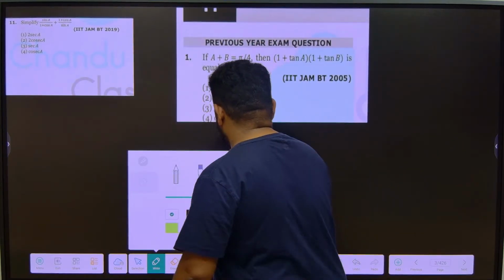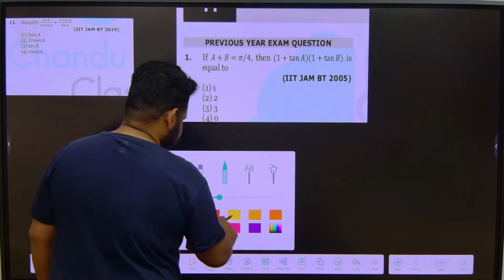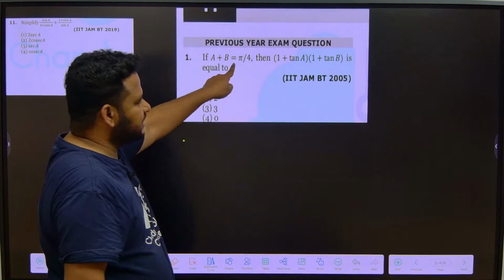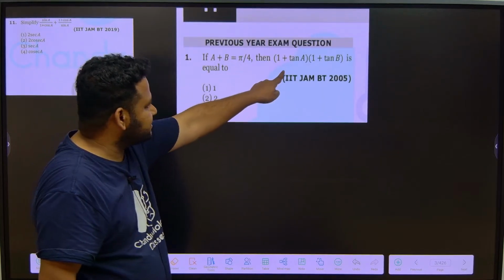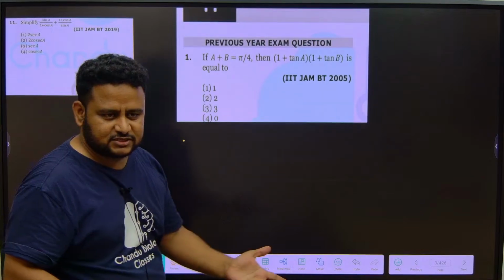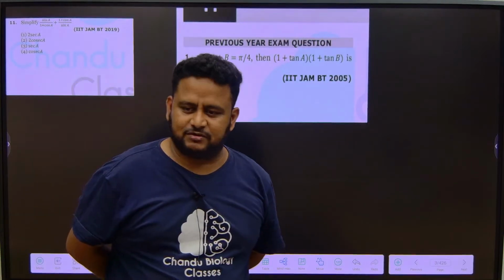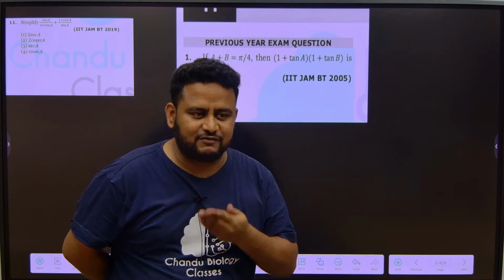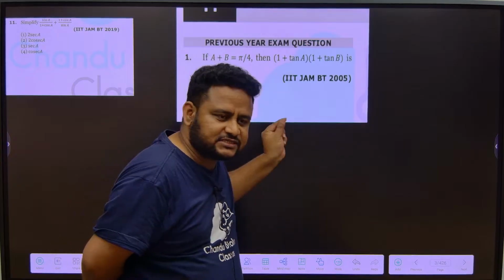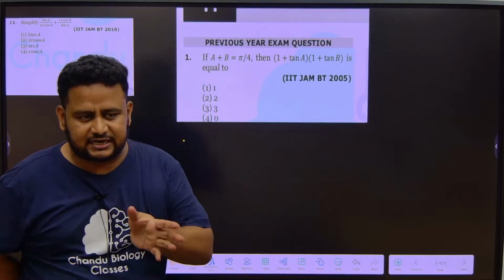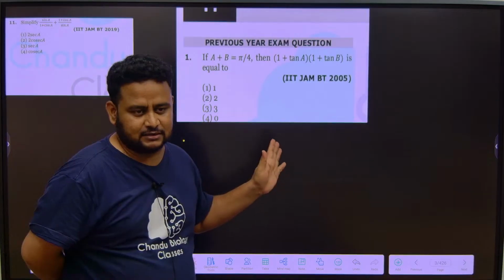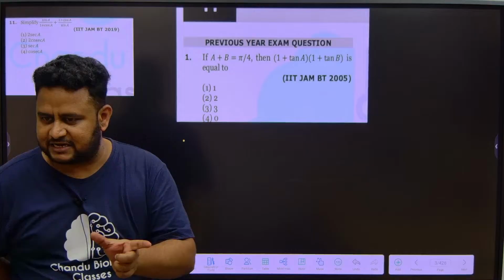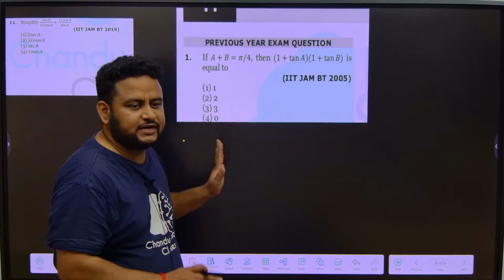They are asking, if a plus b is equal to pi by 4, then 1 plus tan a into 1 plus tan b is equal to what? Is it not the same as that one? There it is 1 minus cot a, 1 minus cot b. That's why I am doing up to the level of JEE Mains, because it is quite similar. It is not that tough. The concepts are the same; the difficulty level is different, but the concepts are the same. That's why we are doing it at that depth.